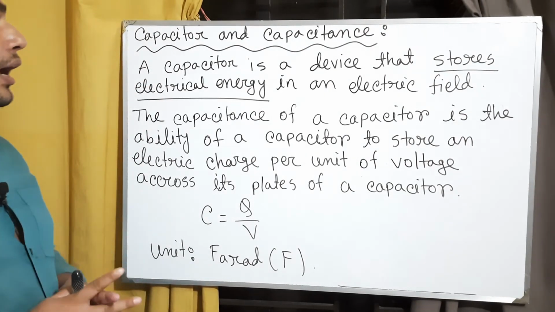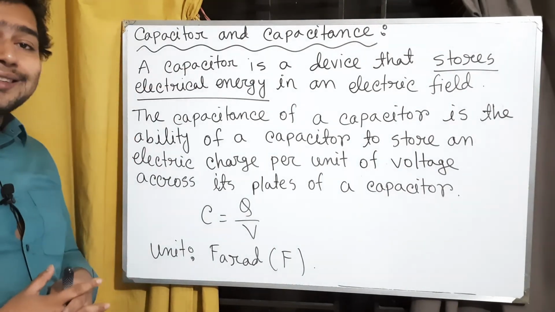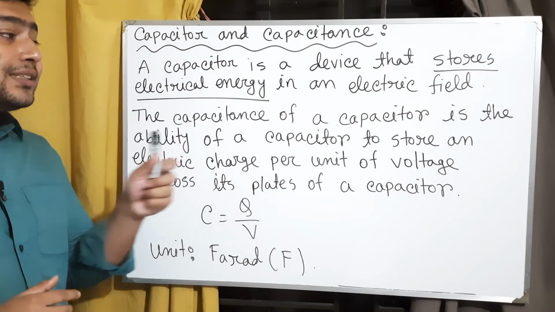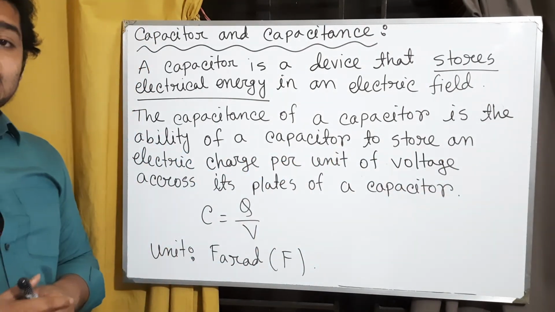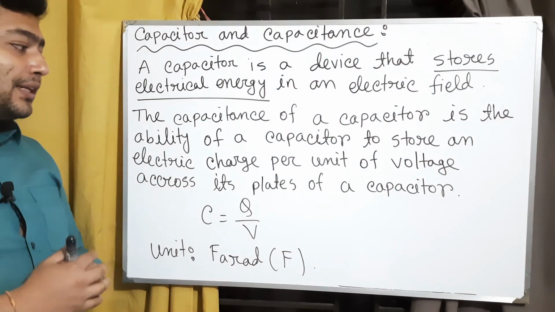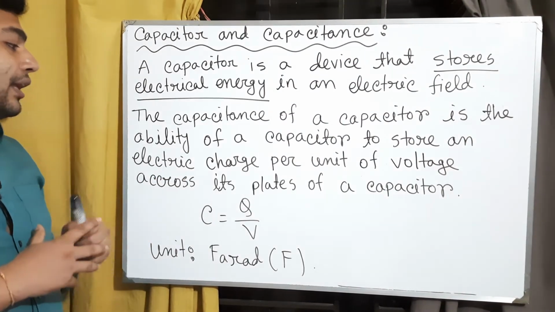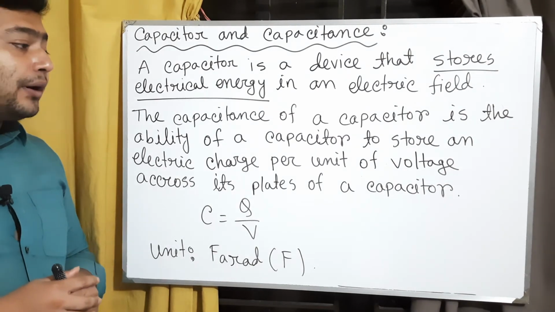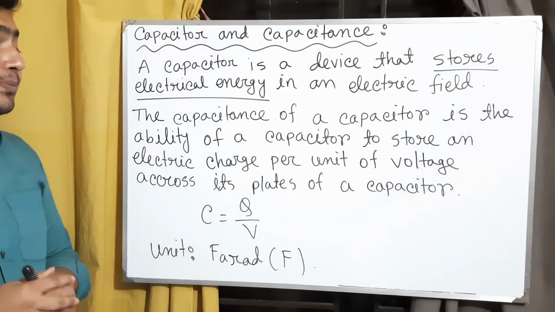And what is capacitance? Here the answer is, the capacitance of a capacitor is the ability of a capacitor to store an electric charge per unit of voltage across its plates.